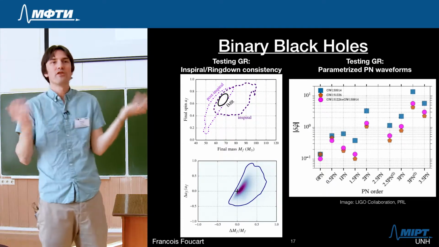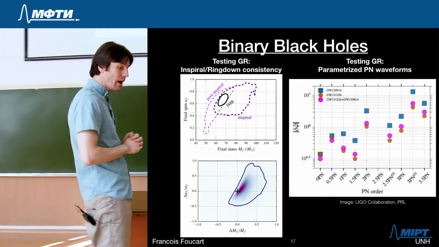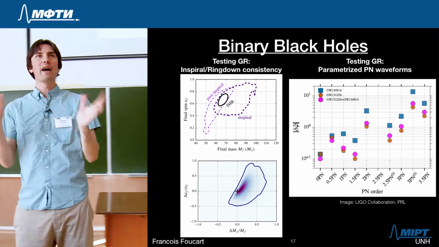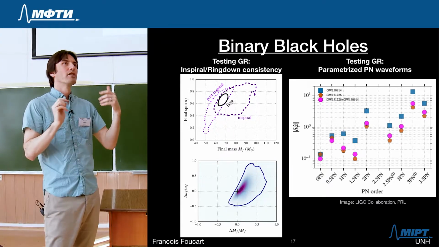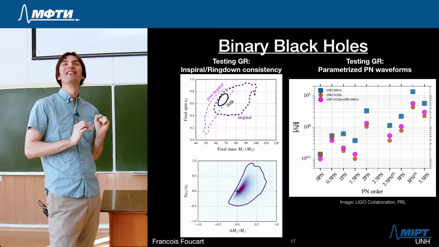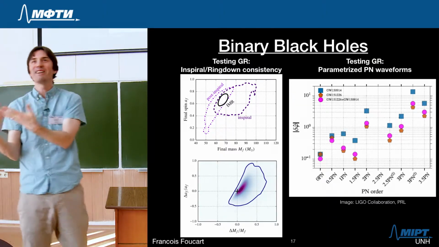The other thing that we can try to do is get constraints on general relativity. And I would say that those constraints come, broadly speaking, in 2 types of categories. There is consistency check, which just verifies that what we observe is what we expect.